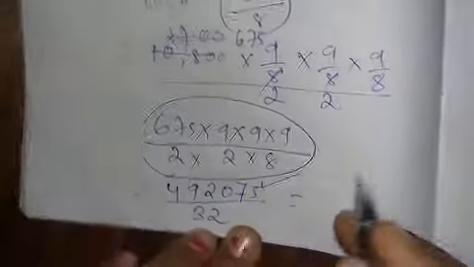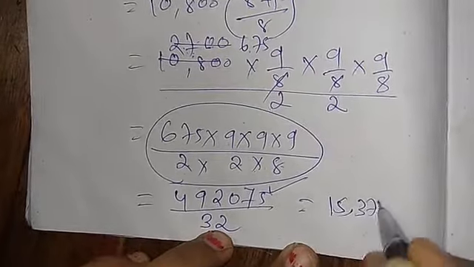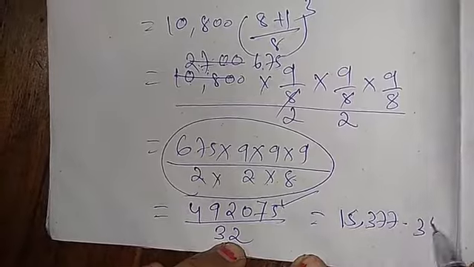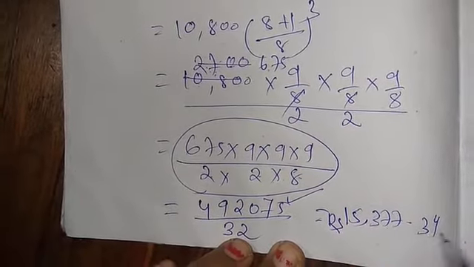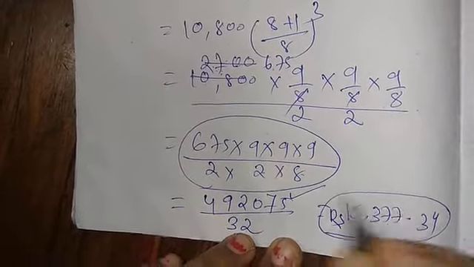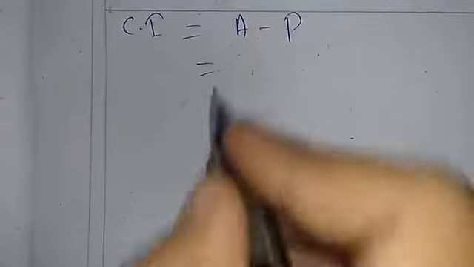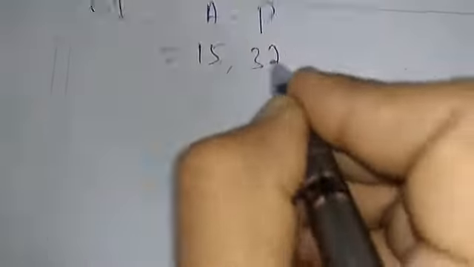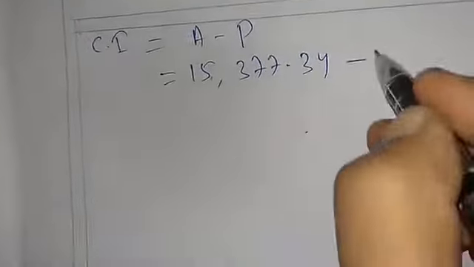Again we solve this one. We get 15,377.34, means 15,377 rupees 34 paise. So this we got is the amount. So next we find compound interest. Compound interest means amount minus principal. So amount, how much? 15,377.34 minus principal equals 10,800.